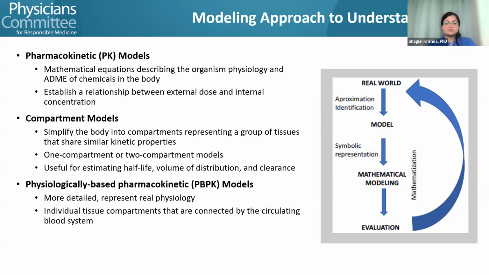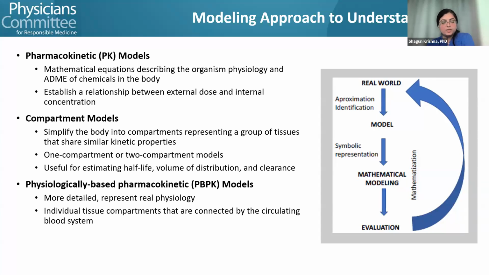This approach helps us get closer to understanding how real world exposures might affect human health. And all these mathematical models serve basically as a bridge between the real world and theoretical predictions.